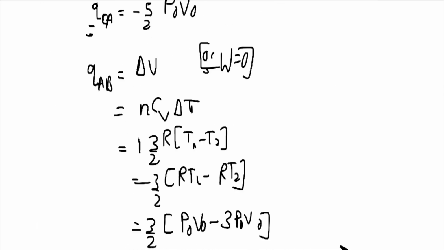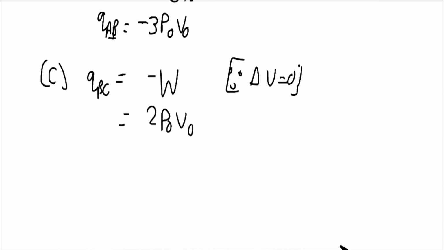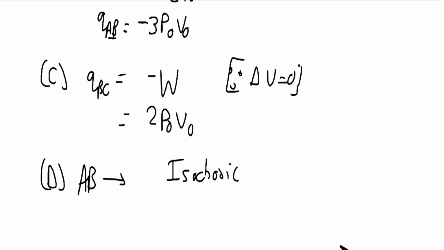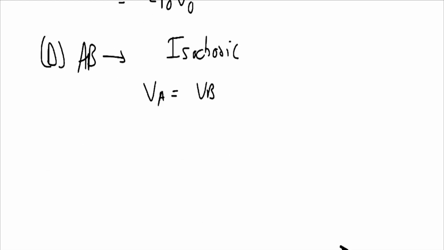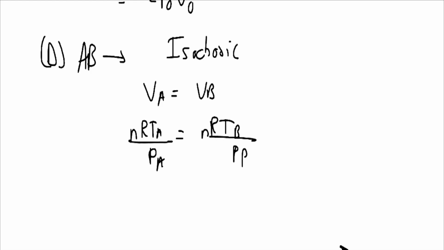So we can write in the option D, path AB is isochoric. Therefore, volume at A must be equal to volume at B, and volume at A can be written as nRTA by PA equals nRTB by PB.